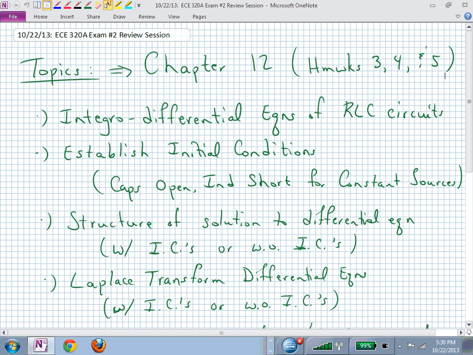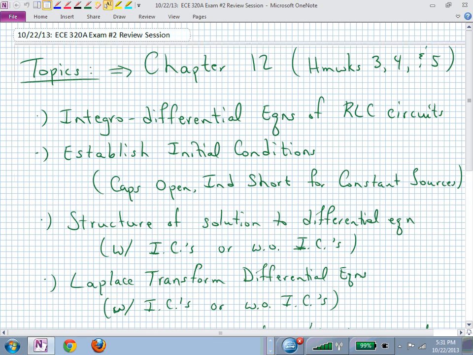Just to make sure we're all on the same page, the material that you will be expected to know for exam 2 is chapter 12 material, and it's really all of chapter 12. Homework assignments 3, 4, and 5 are what you're expected to know for exam number 2.